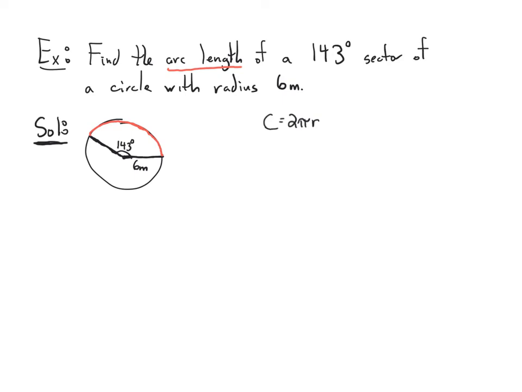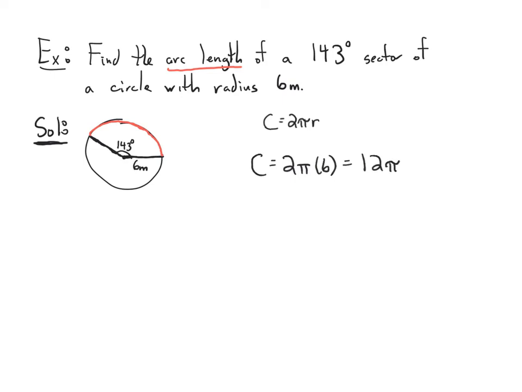Okay, now that we're back. Well, we need the circumference anyway, and then we need a piece of it. So let's calculate the circumference. The circumference is 2 times pi times the radius, which is 6. I'll put the units in at the end. It'll be meters. So this is 12 times pi.